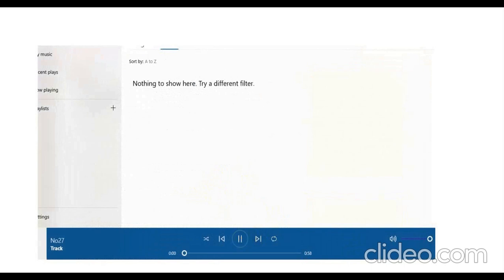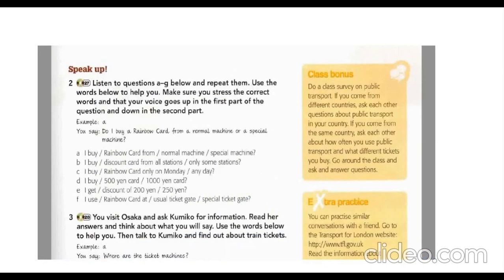Recording 27. A. Do I buy a rainbow card from a normal machine or a special machine? B. Do I buy a discount card from all stations or only some stations? C. Do I buy a rainbow card only on Monday or any day?